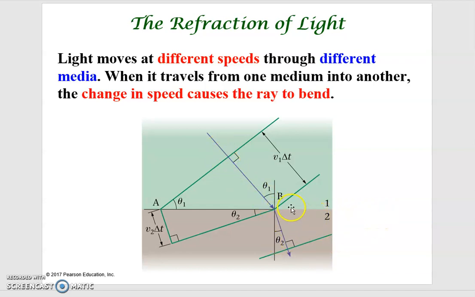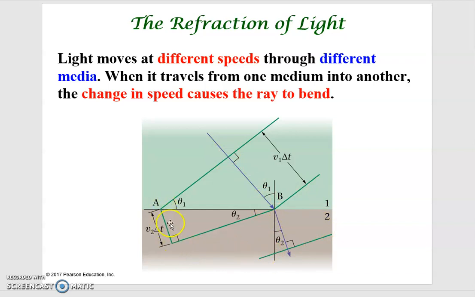So let me give you a trivial explanation. In material 1, within the same time period, the light moves at the velocity v1. So the total distance traveled is v1 multiplied by delta t. However, if you enter into material 2, now it is moving at a different speed.